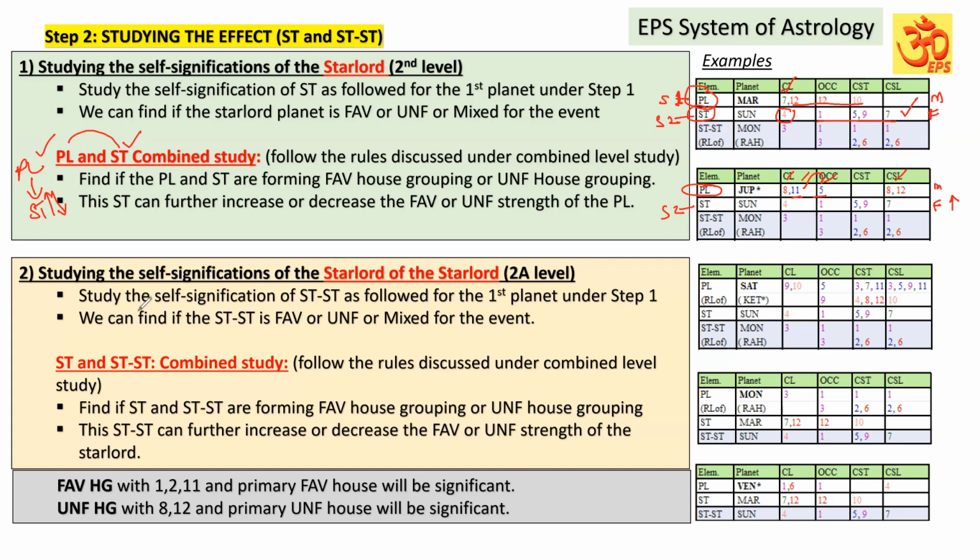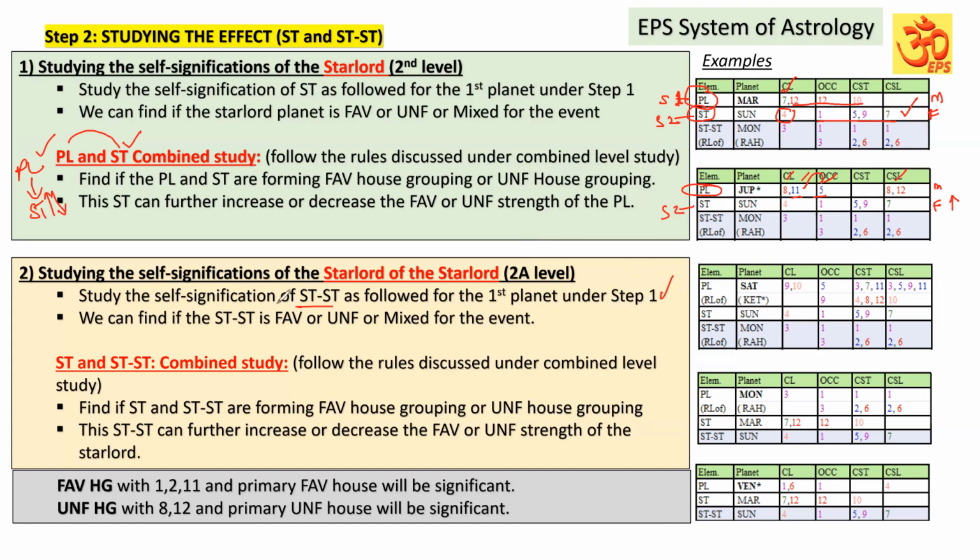So you can see, the same way as we did for step number 1, studying the self-signification of the Starlord as followed for the first planet and second planet also, the Starlord of the Starlord planet also goes under step number 1.